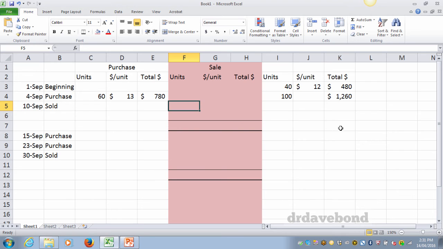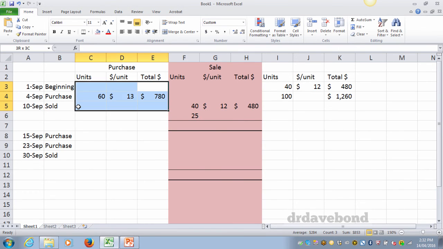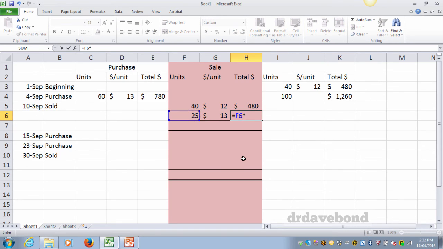At that point, the first 40 units we sell were the first 40 units that were there at $12 a unit. Gives us 40 times 12, gives us 480. The next 25 units were from this batch at $13 a unit, gives us 325.